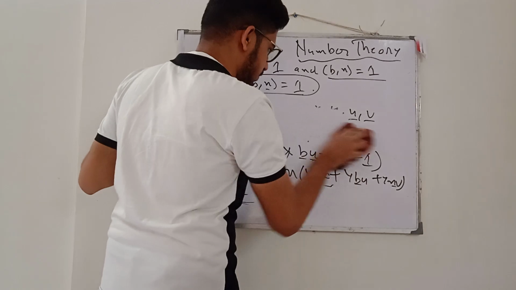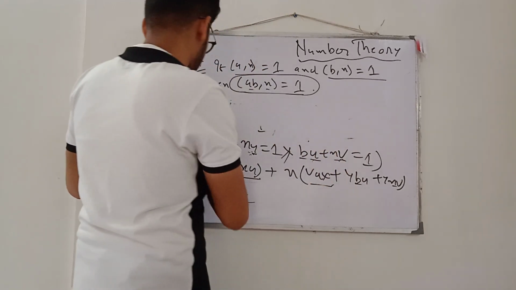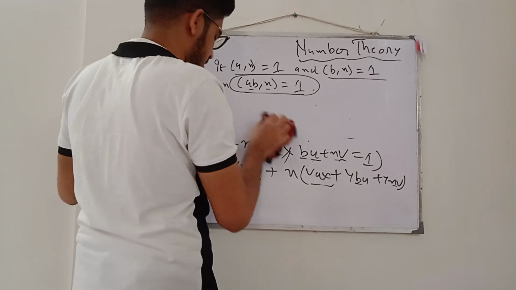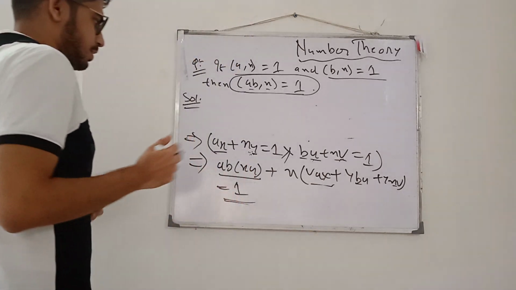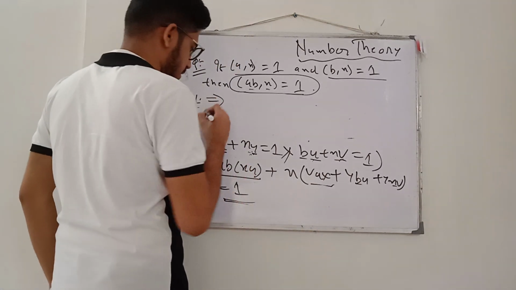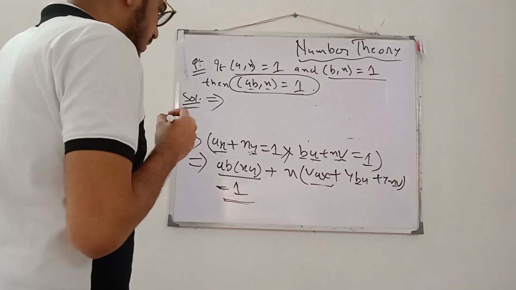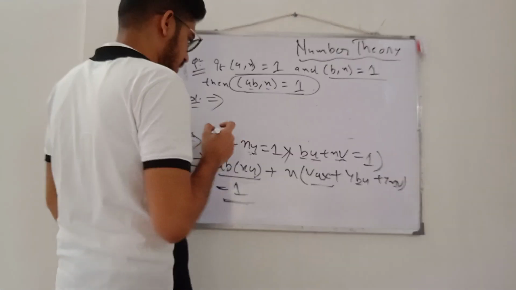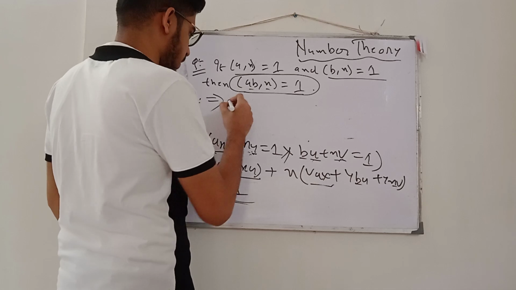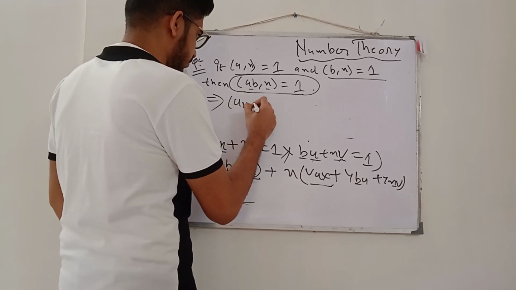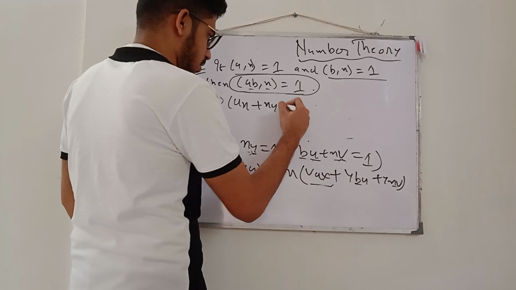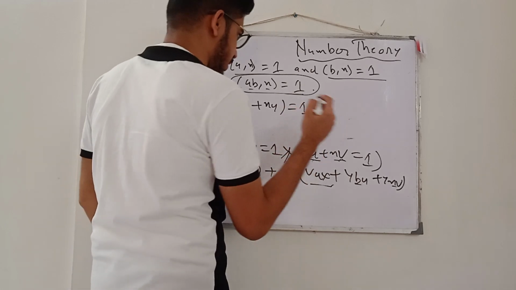Done. The next part I will do here. Here we have ax plus ny is equal to 1, we know that already.